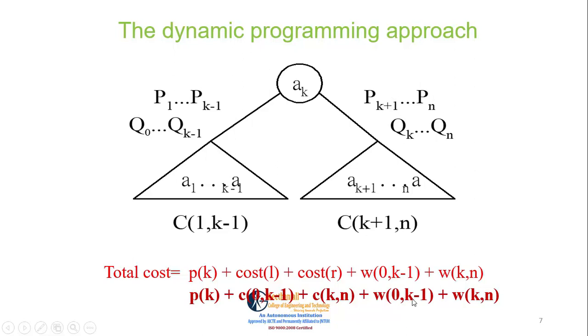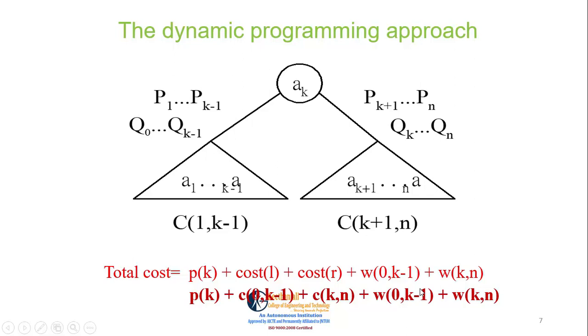Of course, plus the weight of the left subtree plus the weight of the right subtree. In this formula, you can see that the weight of the left subtree contains P1 to P of k minus 1 and the weight of the right subtree contains P of k plus 1 to P of n, plus the P of k. If you add P of k with W of 0 comma k minus 1 and W of k comma n, it is nothing but the total weight of the tree.